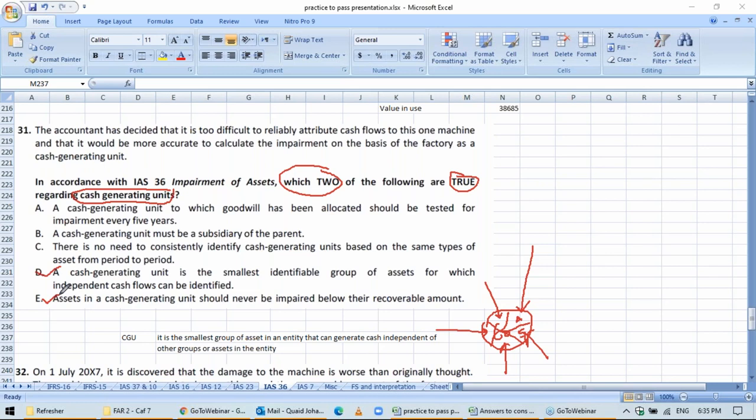Impairment will only take place when the carrying values are higher. So you cannot bring the carrying values down when recoverable amounts are higher than the carrying value. You can only bring it down when the recoverable amount is lower. So these two are correct. So A and D and E is the correct answer.